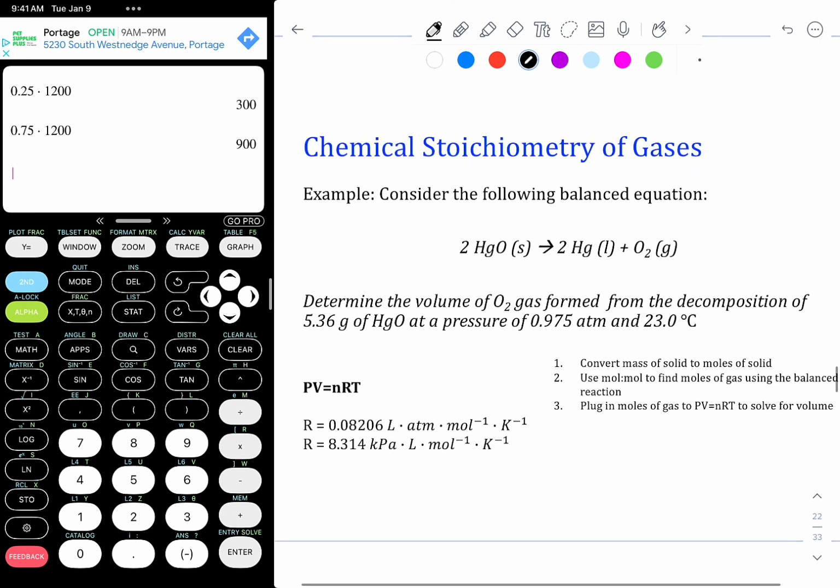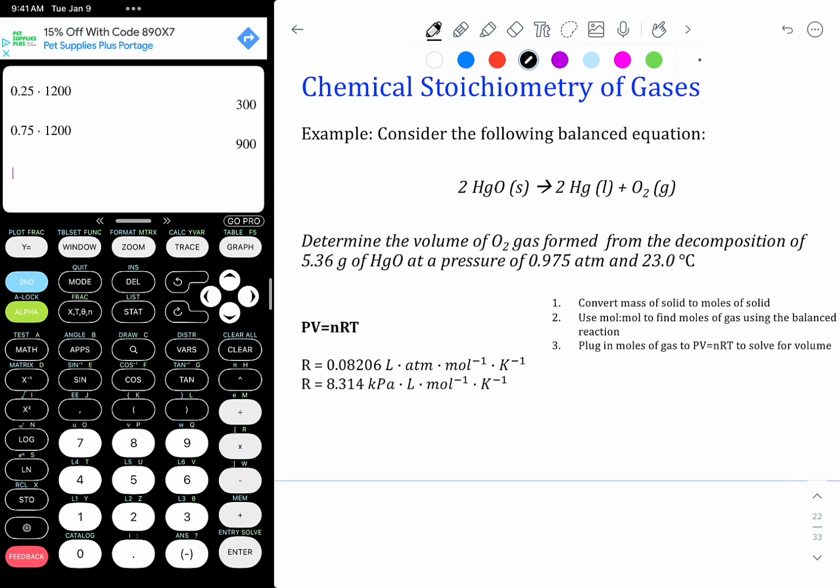So let's look at the example. Consider the following balanced equation. Determine the volume of oxygen gas formed from the decomposition of 5.36 grams of mercury oxide at a pressure of 0.975 atm and 23 degrees Celsius.